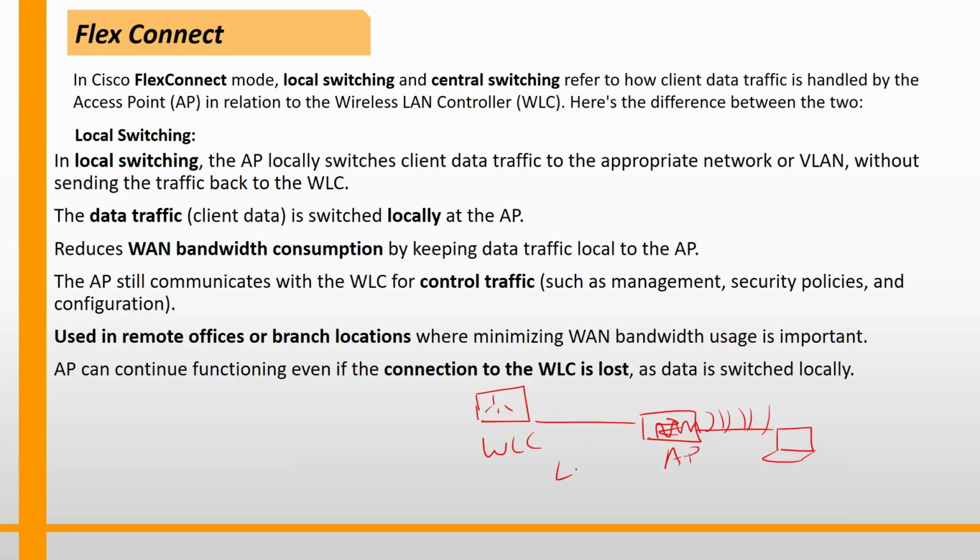Suppose in the local mode it has to contact the DHCP server, or any network services. You can do central authentication or local authentication. There is authentication you can do.